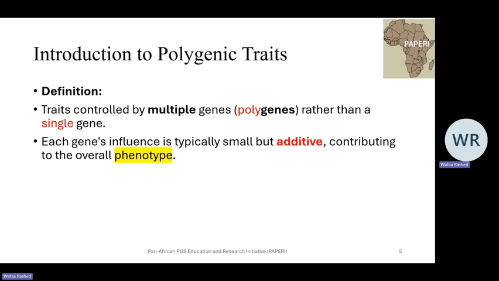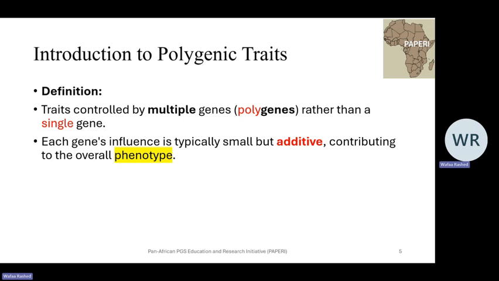Let's start with the definition of polygenic traits. Polygenic traits are traits controlled by multiple genes. From the term polygenes, it means multiple genes rather than a single gene. So each gene's influence is typically small but additive.